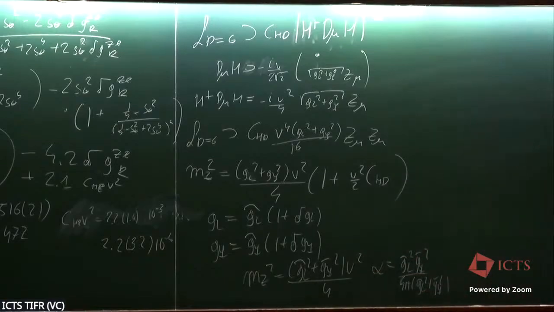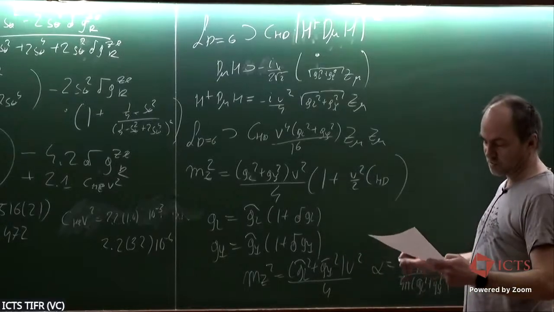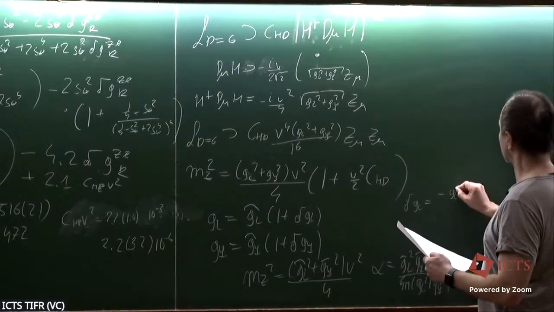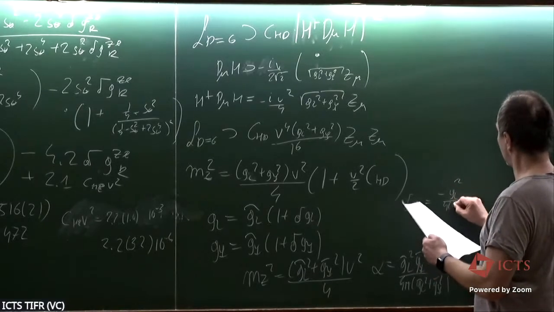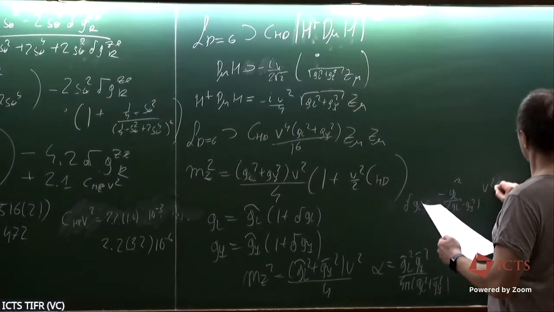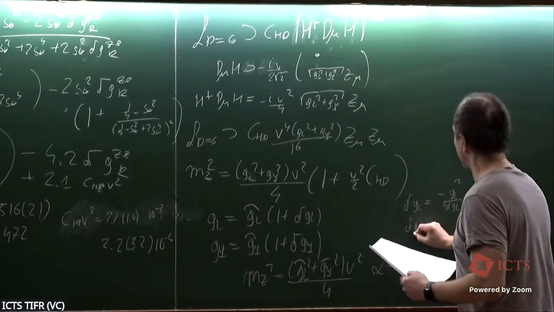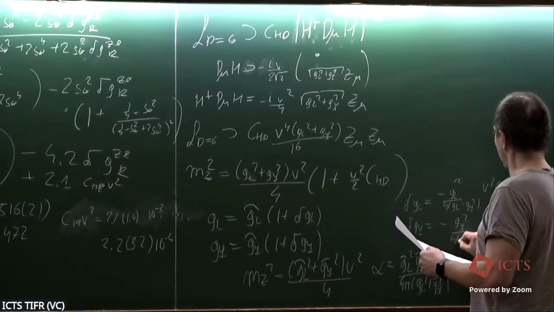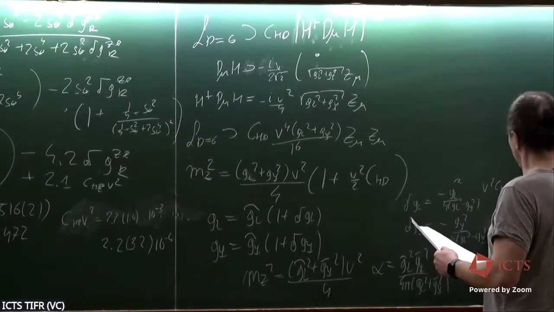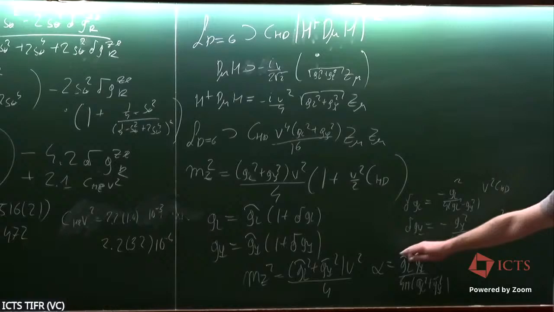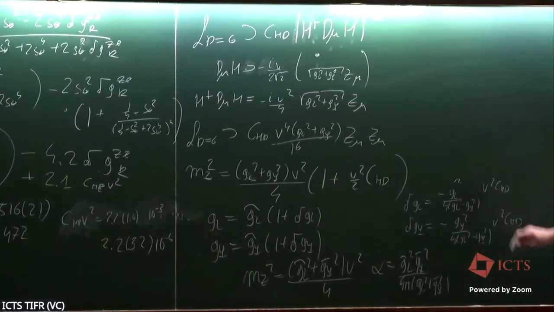If you do that, the solution is the following. You have to choose delta GL equal to minus GL squared over 4 GL squared minus GY squared, V squared CHD, and delta GY equal to minus GY squared over 4 GL squared minus GY squared, V squared CHD. You can see that, no, not the minus, it has to be plus.